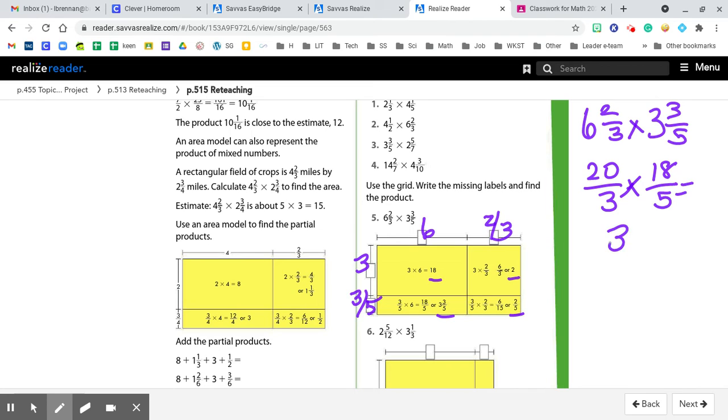So we have 360 over 15 equals 24 on number 5.